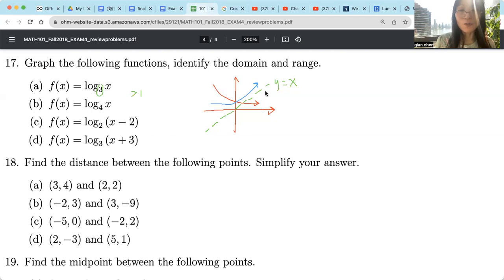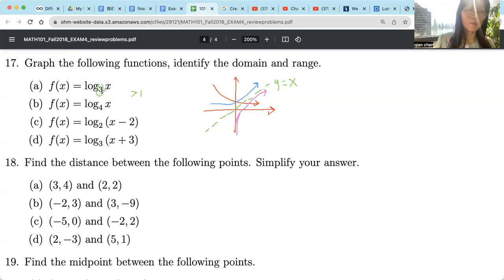The log function would be this, symmetric to the blue color. Okay, so this would be the log function. This, what kind of color? Purple color. This purple color is the log function.